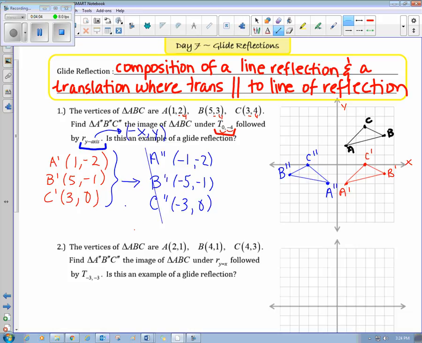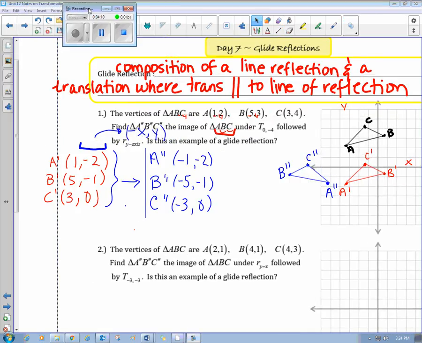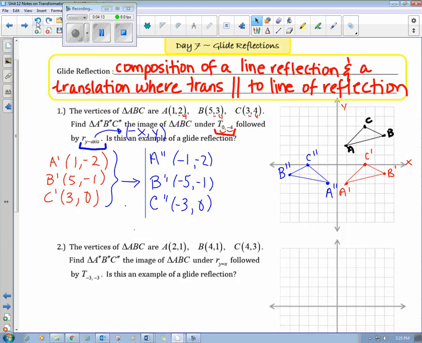Now, in this, so far, everything that we've done is exactly what we did yesterday. We haven't done anything different than what we did yesterday. The one thing that has changed, though, is the fact that now they're continuing on and they're asking us this question. Is this a glide reflection? So what I would like you to do is take a look at where your translation occurred.